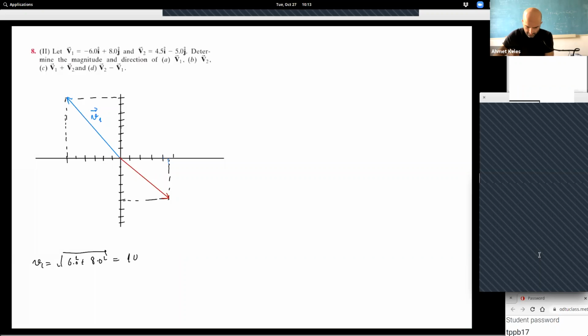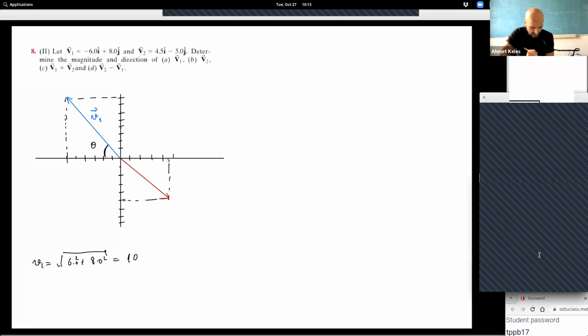I think some of you know this kind of triangle, 6, 8, 10. It's like 3, 4, 5. There are special triangles like this, but you don't have to know it. You have the calculator.